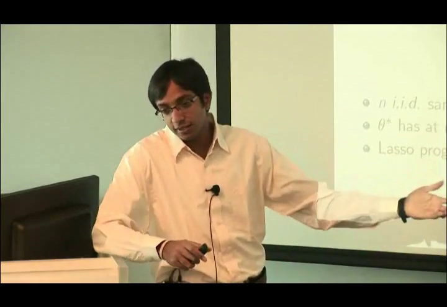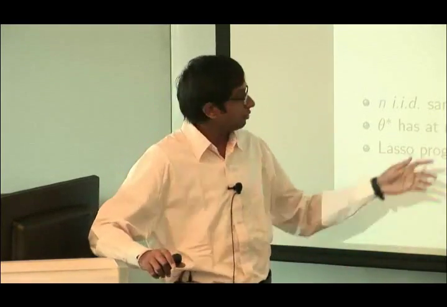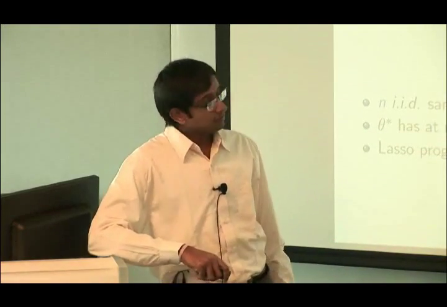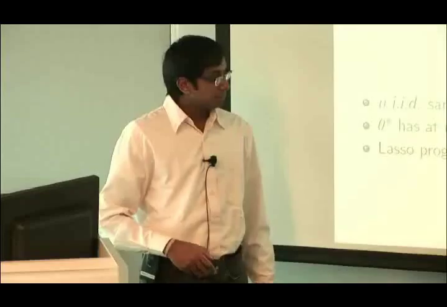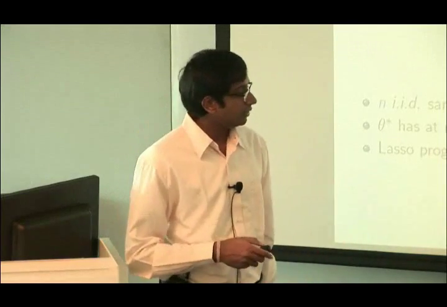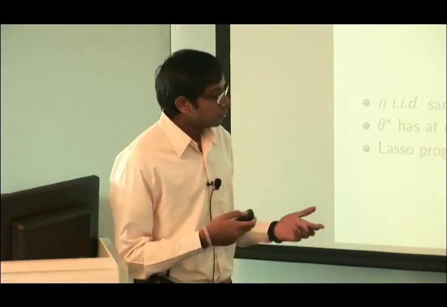So you draw an x according to an arbitrary distribution, and then y is x theta star plus w, where w is again some zero mean noise. So you select x_i from some distribution, w_i is some independent noise, and that's how you generate the data. Okay, so this is the problem that we want to understand.